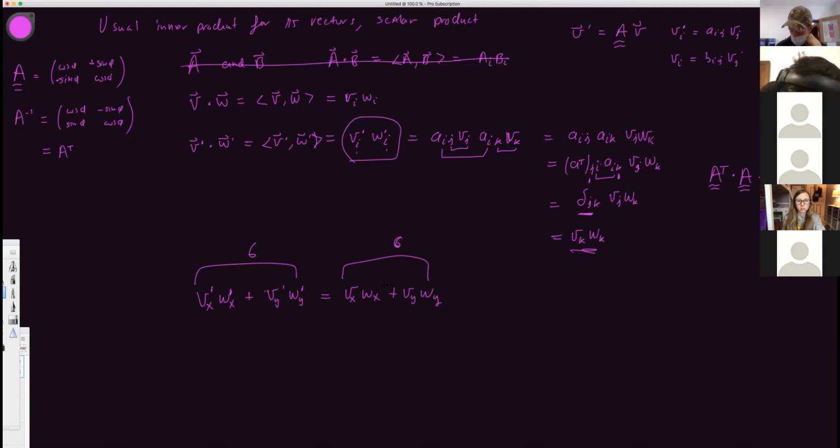It doesn't care. You're still going to have the same temperature everywhere. It's a scalar. So a scalar quantity doesn't care about rotation or change of basis or anything.